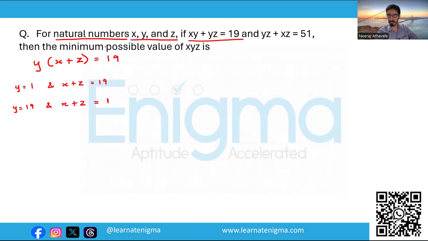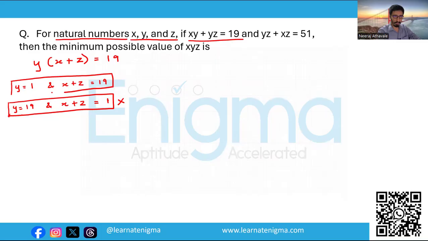The minimum natural number is 1, and therefore even if we take x and z as 1, 1, the sum will be 2. But here we are getting x plus z equal to 1, and therefore this case is not possible. And therefore we get the value for y, that is 1. So now we have y is equal to 1 and x plus z is equal to 19.